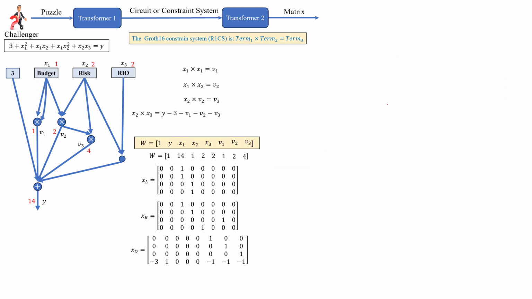Okay, so now we have the scenario, the correct constraint or circuit, and also the list of matrices. So what is the proposed scenario now for the prover to convince the verifier? So now there is a naive protocol.